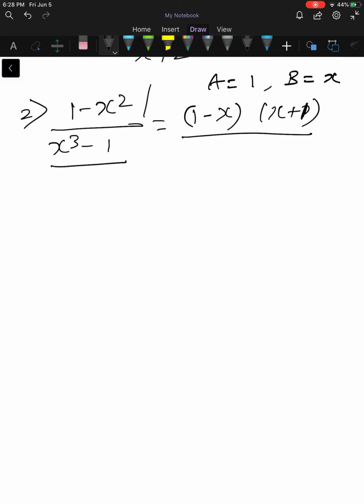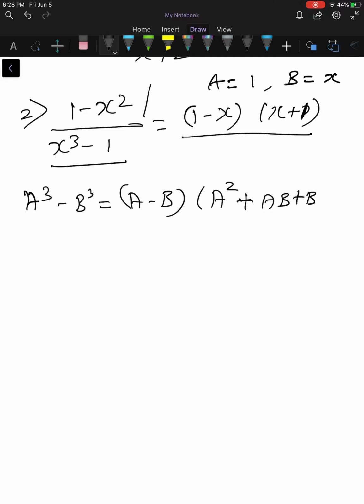Divided by, observe the denominator, both x cube and 1 are perfect cubes. So you will apply the formula a cube minus b cube, which is nothing but a minus b times a square plus ab plus b square.